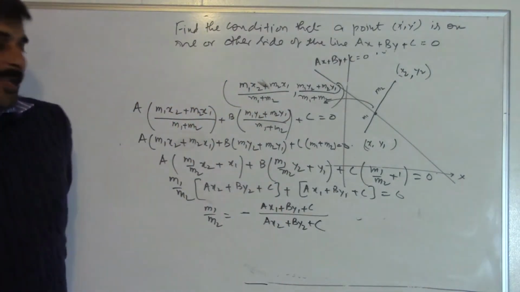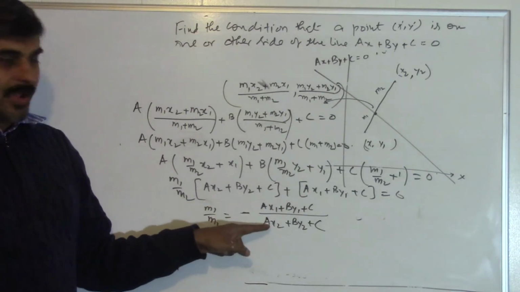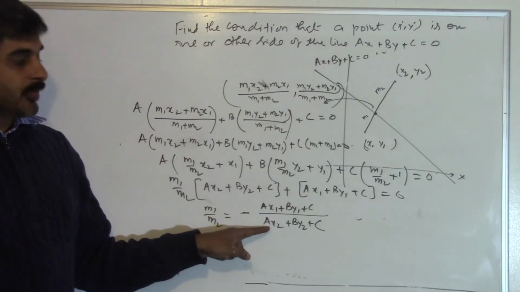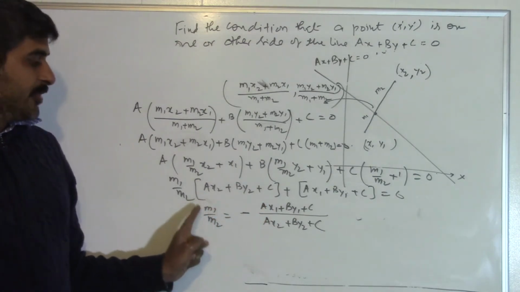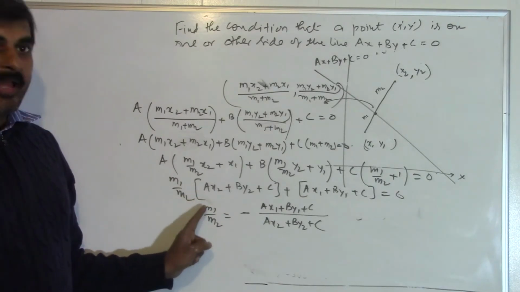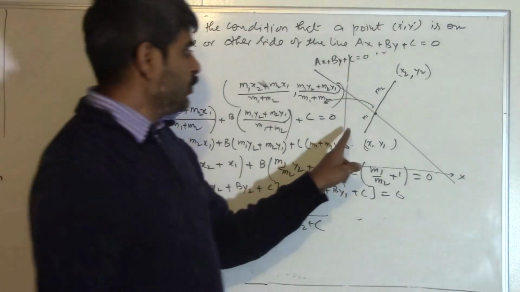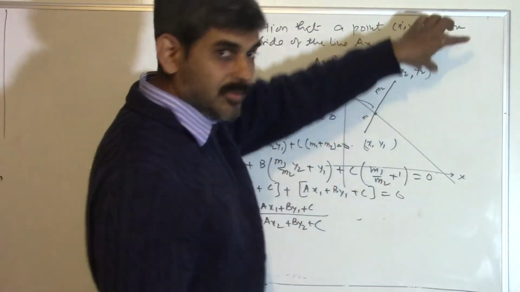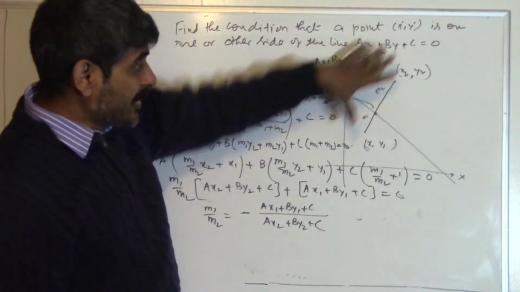Now let us analyze these results. What happens if this is also positive and this is also positive? If this is positive and this is positive, m1 by m2 is negative. When m1 by m2 is negative, that is only possible when both the points are on the same side, because in that case they will be divided externally.